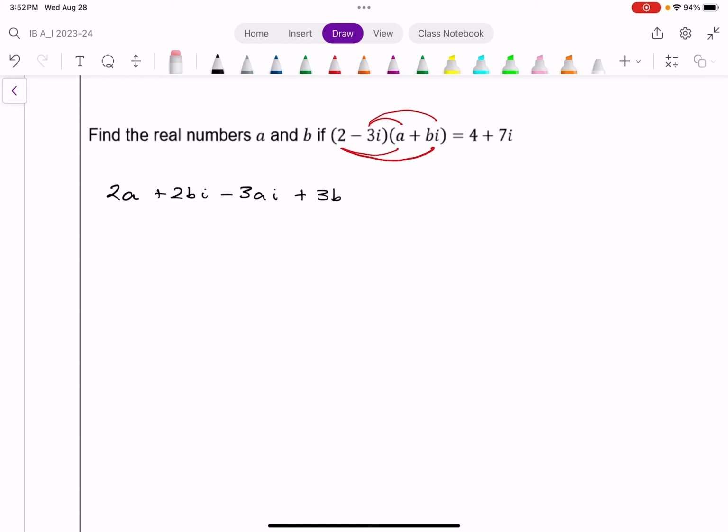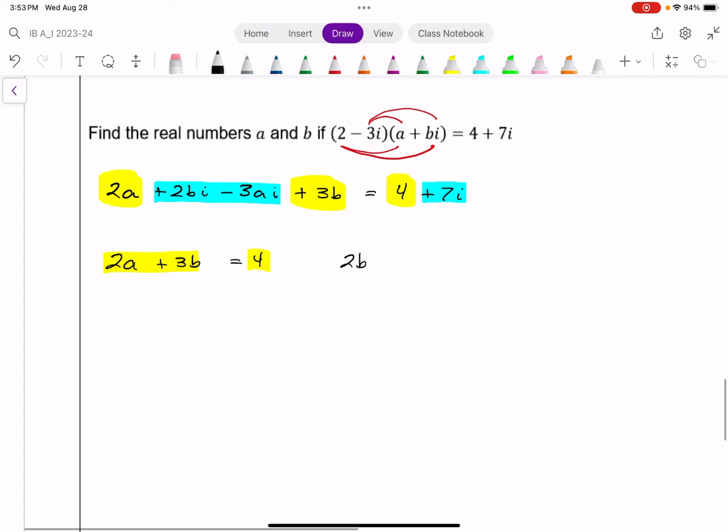All right, and keep in mind all of this equals 4 plus 7i. And so looking at what I've looked at before, if I look on the left-hand side, the 2a and the 3b, those have no imaginary parts, so they must connect to the number 4, which means I know that 2a plus 3b must equal 4. Similarly, the 2bi and the minus 3ai must equal 7i, so I'll write these in alphabetical order.